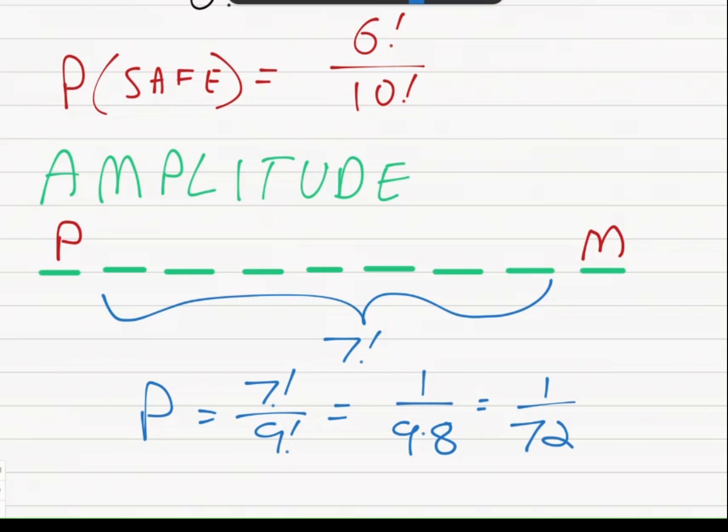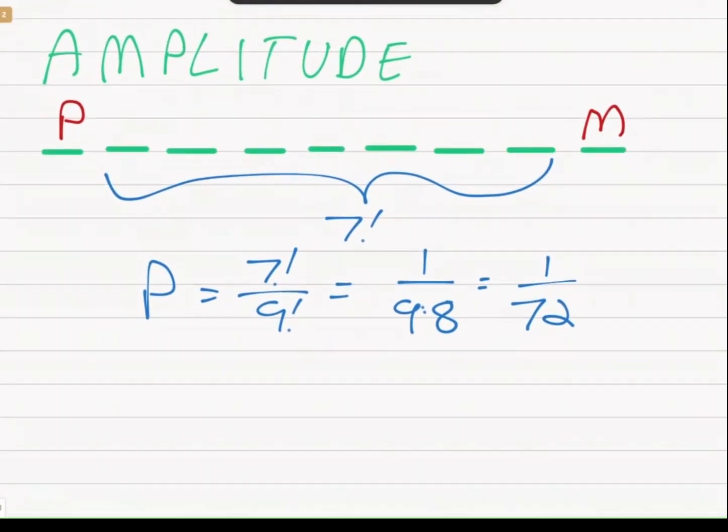Okay, notice that this is also the probability I get when I say, hey, what's the probability of drawing a P into some slot, right? Well, there are 9 different letters, so that probability would be 1/9.